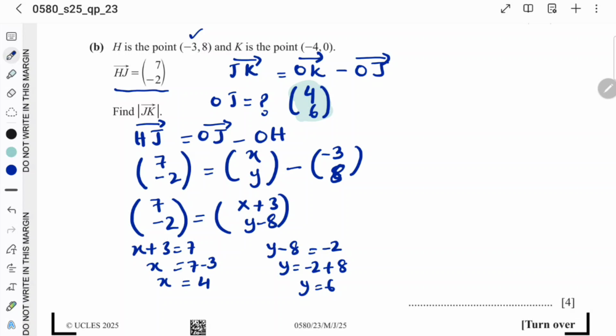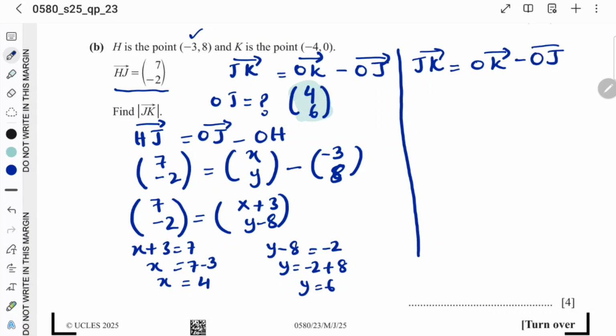Now we are ready to find the value of JK, and it is a 4 marks question, remember. So JK is required. JK is equal to OK minus OJ. Position vector. If we find the value of JK, then we can find its magnitude. OK minus OJ.